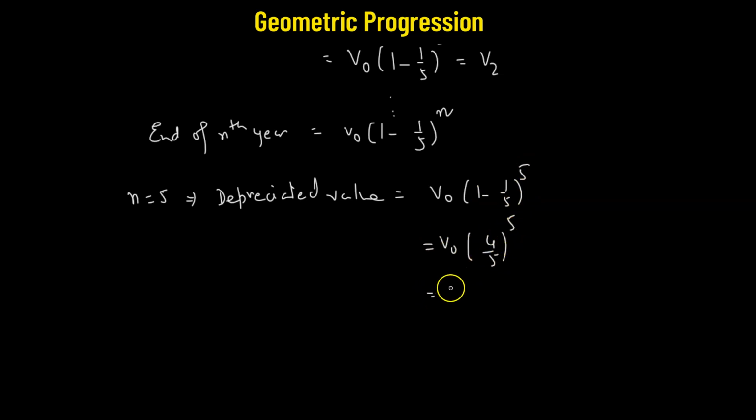So V0, which has a value of 15,625, multiplied by 4 divided by 5 raised to the power of 5, is going to give us a value of 5,120. So the value which started out at 15,625, if it depreciates at a rate of 20% per year, at the end of the 5th year, its depreciated value will be 5,120 per unit.